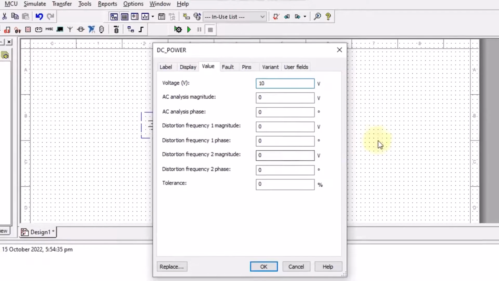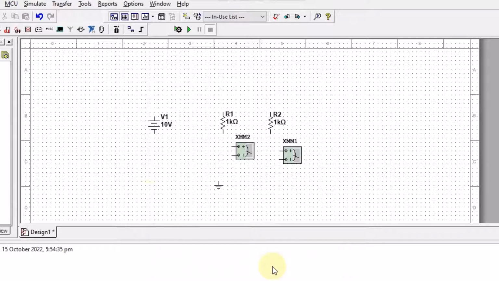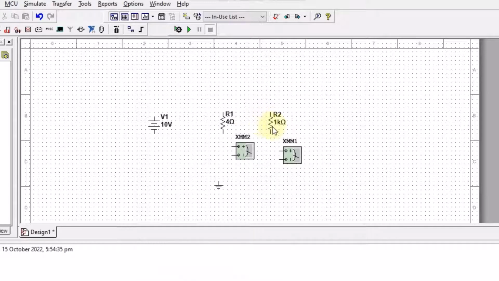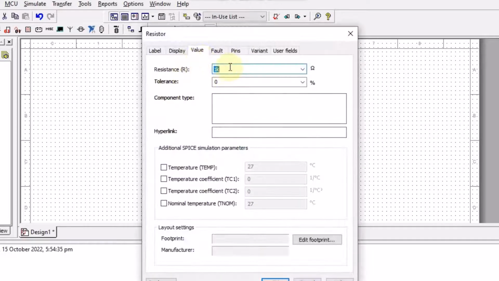It is up to you whatever value you want to assign. Clicking OK and giving it some values, let me call it 4 ohm. So this is a 4 ohm resistor. R2 is 4 ohm as well.